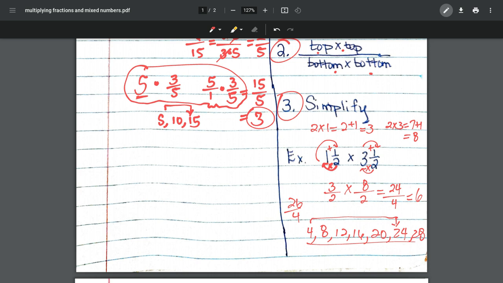There's no way to get from 4 to 26. So all you could do is simplify it, and it wouldn't be a whole number, okay? You could divide them both by 2, because 26 is 2 times 13, and 4 is 2 times 2. That would give you 13 over 2 simplified. But since that's a 24, and you can get to 24 by skip counting by 4s, you end up with a whole number.